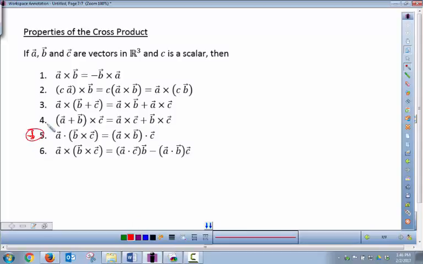Just to give meaning to one of these properties, number 5, this actually is a geometric quantity that gives you the volume of that 3-dimensional slanted cube.